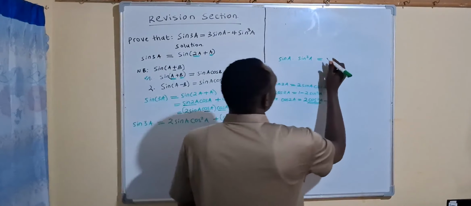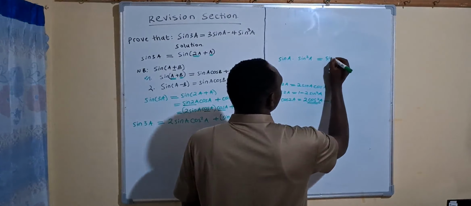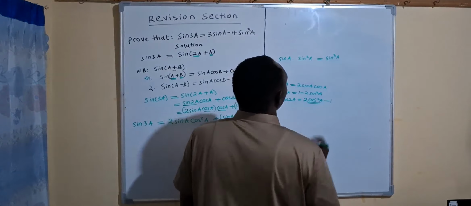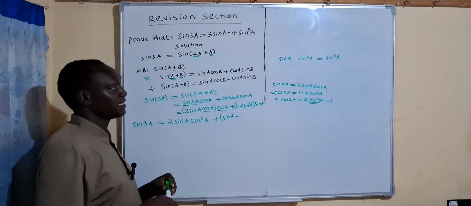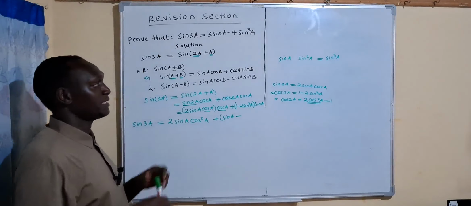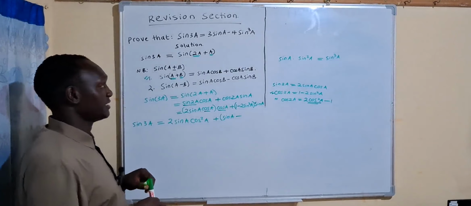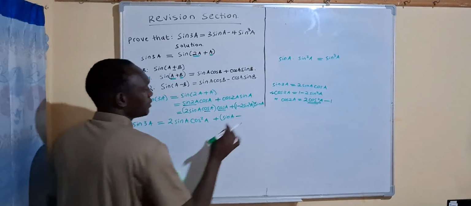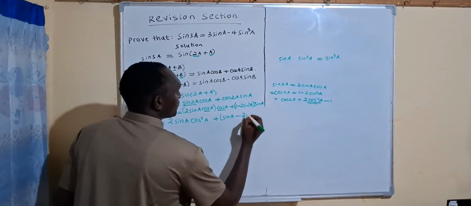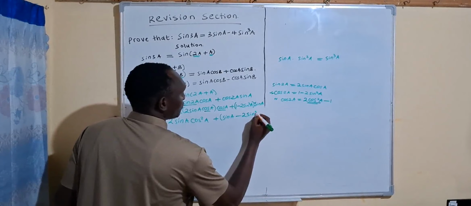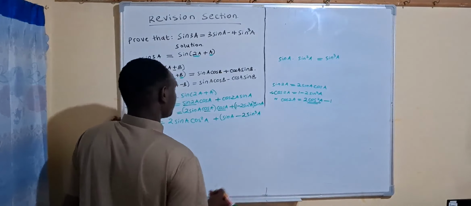So sine a times sine square a gives us sine cubed a. That is just by laws of indices. You just add the powers. So this 2 is just a constant. So 2 sine cubed a.